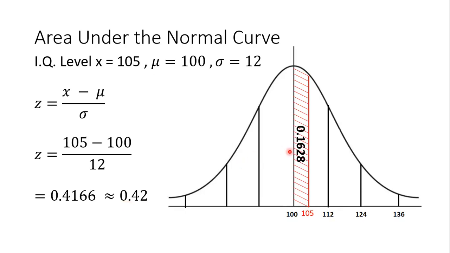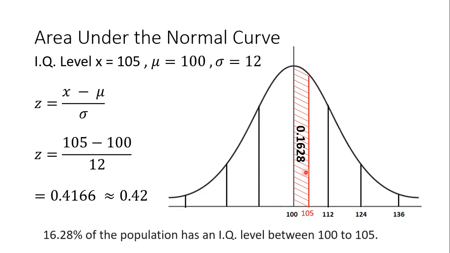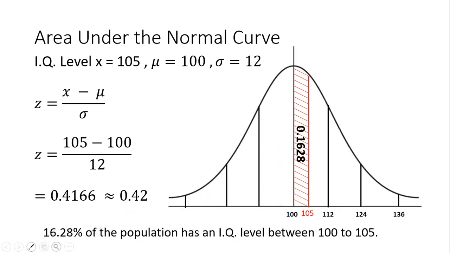So we can use now this probability, or rather this area, as our probability. So we can say that 16.28% of the population has an IQ level between 100 to 105.